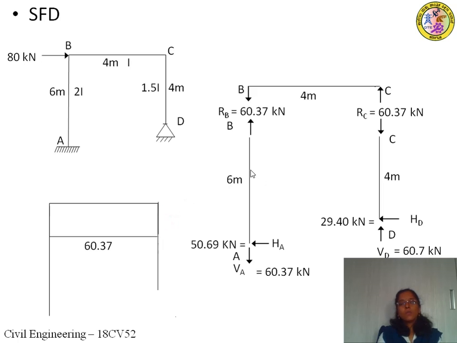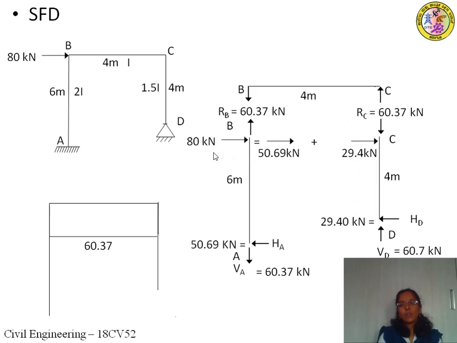Now we will plot the shear force diagram for the vertical members. As discussed in the earlier sessions, we have this horizontal force of 80 kilonewton at joint B. Let us split this 80 kilonewton into one force of 50.69, a reaction of same magnitude as that of the reactions, and another force of 29.4.